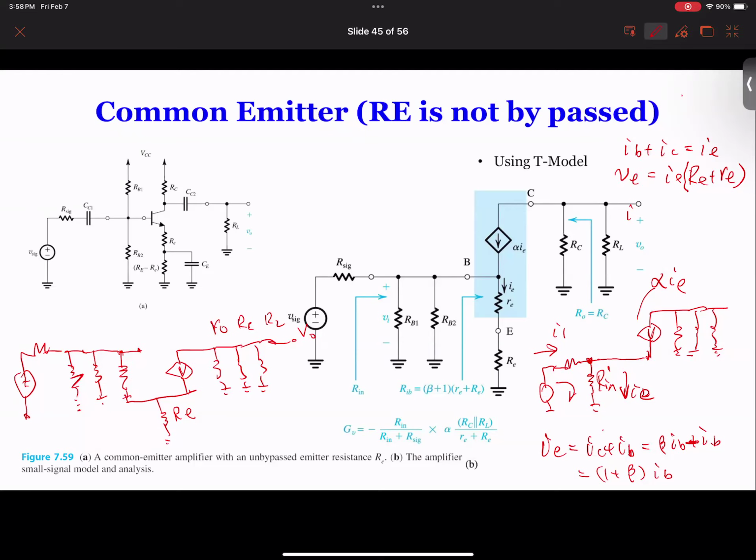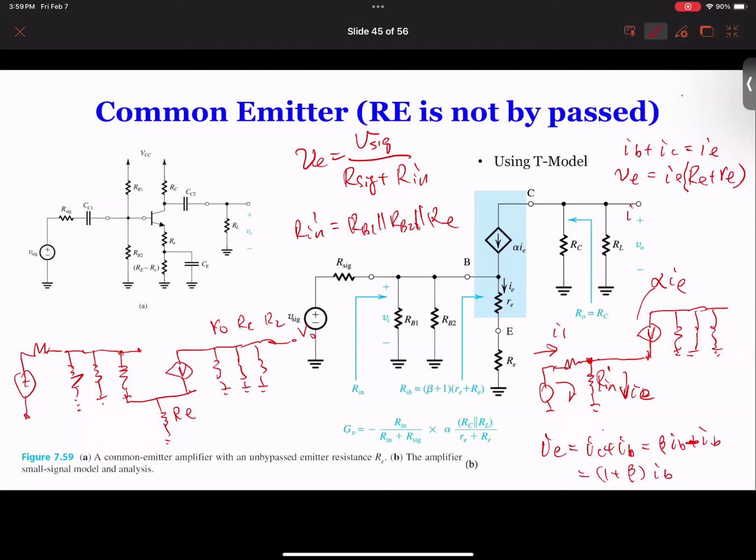Okay, yeah. So we can find VE, which is V sig divided by R sig plus this R in prime. This R in prime is equivalent to RB1 in parallel with RB2 and in parallel with RE.